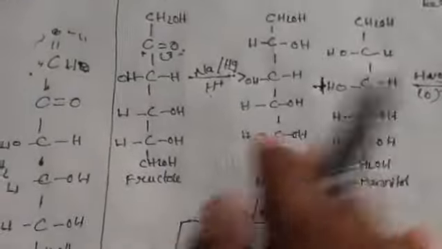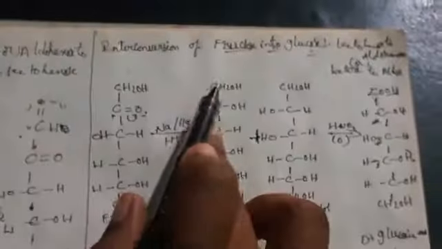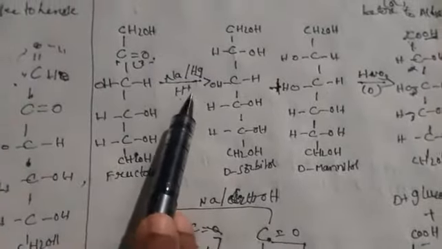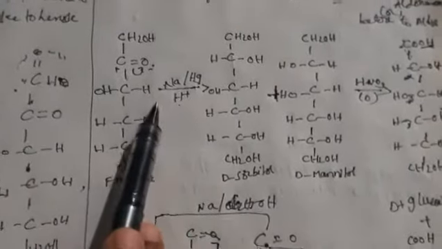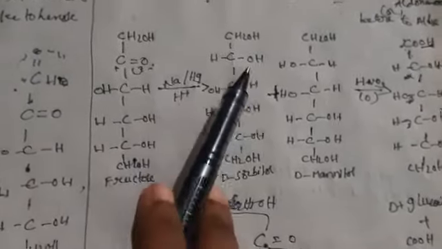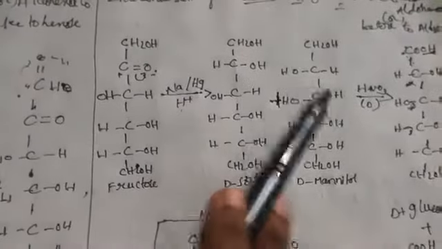See, once again I am going to explain here. When we are converting fructose into glucose, first we have to do reduction. When we do reduction, two isomers form, sorbitol and mannitol.